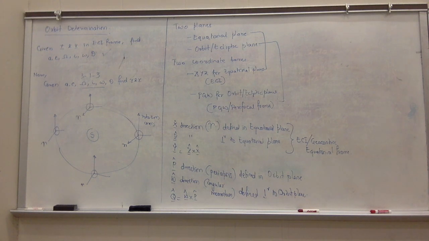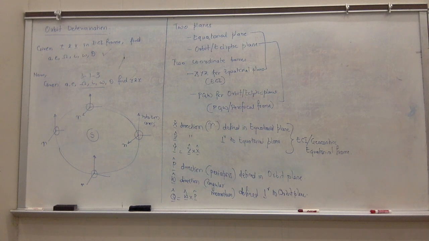What is the final one? The final one is again 3, right? This is my new z-axis. If I do a rotation like this, that angle is in the orbit plane. You see there, this angle is in the orbit plane, small omega.